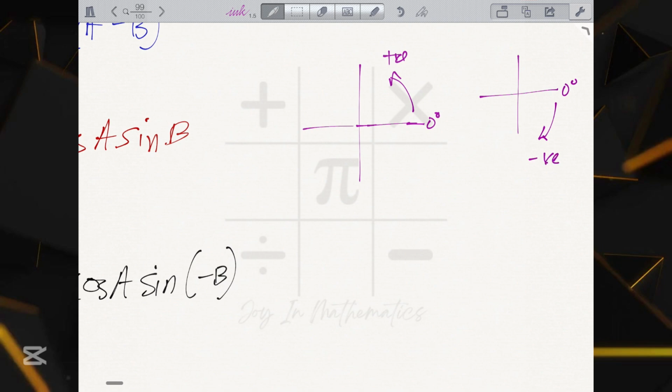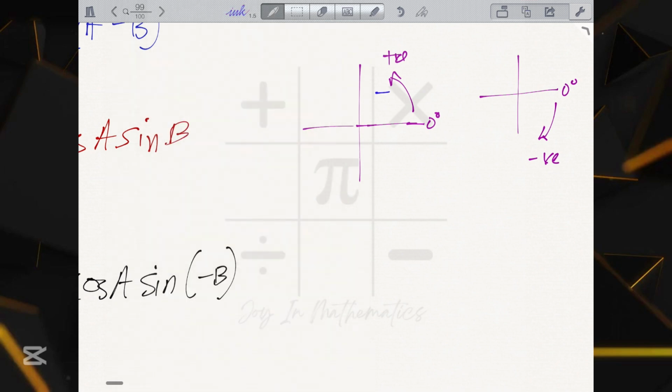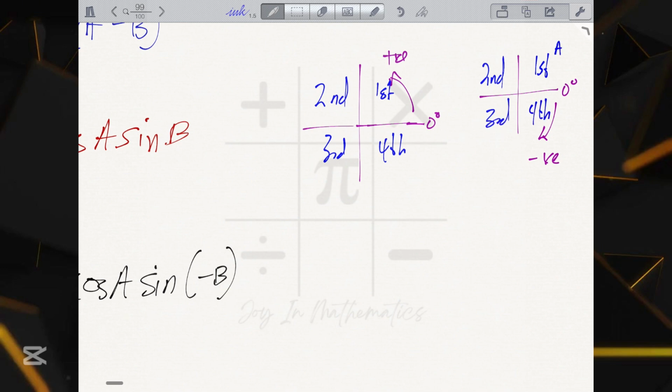In view of this, let's see in which quadrant each angle falls. We have the first, second, third and fourth quadrants. In the first quadrant, all trigonometric ratios are positive. In the second quadrant, only sine is positive. In the third quadrant, only tangent, and in the fourth quadrant, only cosine.